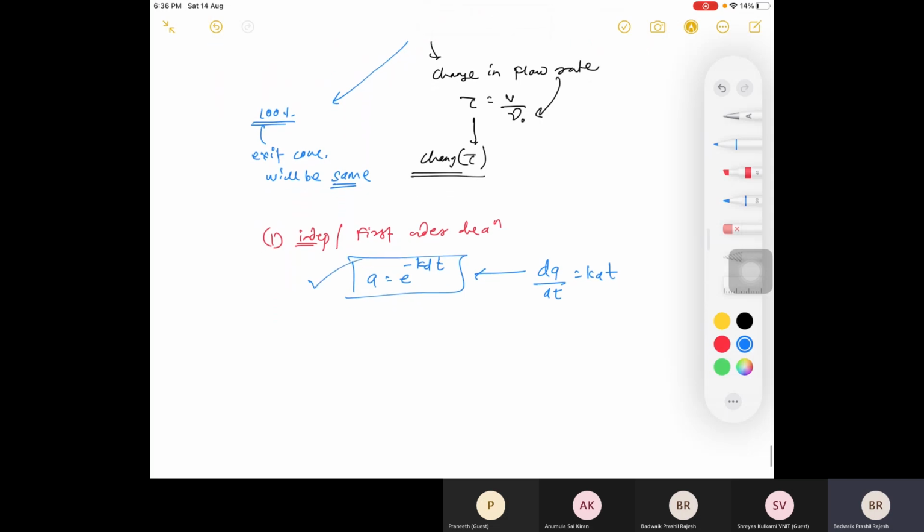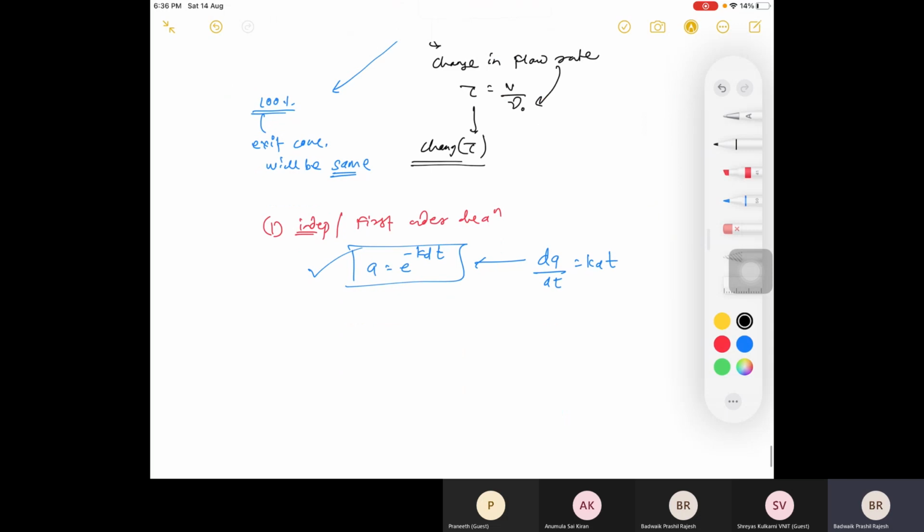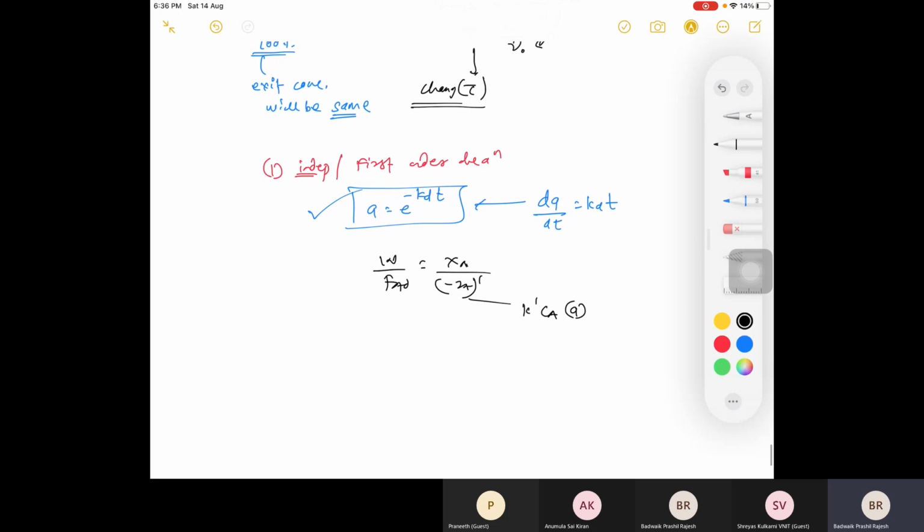So this is my case 1, and I considered mixed flow. So for mixed flow, I'll be using the equation W divided by Fa naught is equal to Xa divided by minus Ra dash. You can replace that as K dash into Ca, and there will be change in activity. So this is the point there.